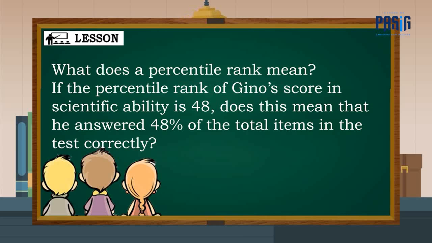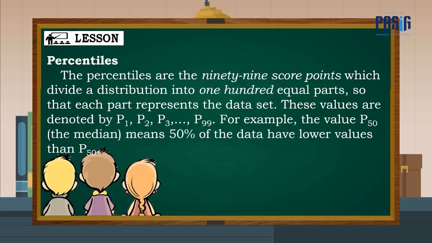To answer these questions, let us discuss first the following. Percentiles. The percentiles are the 99 score points which divide the distribution into 100 equal parts, so that each part represents the data set.